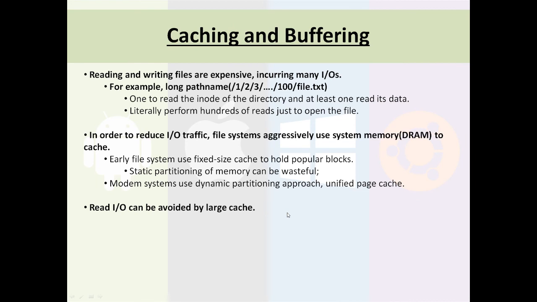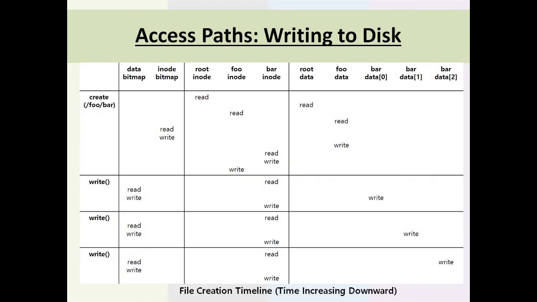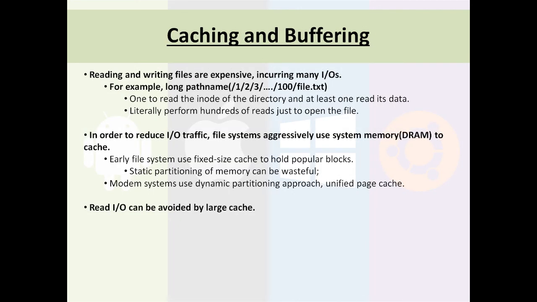Now you might be asking, how does it do this efficiently, or how can a file system accomplish any of this with any reasonable efficiency? Well, for that it utilizes caching and buffering. Reading and writing files are expensive, and as you can see, they incur many input-output operations.